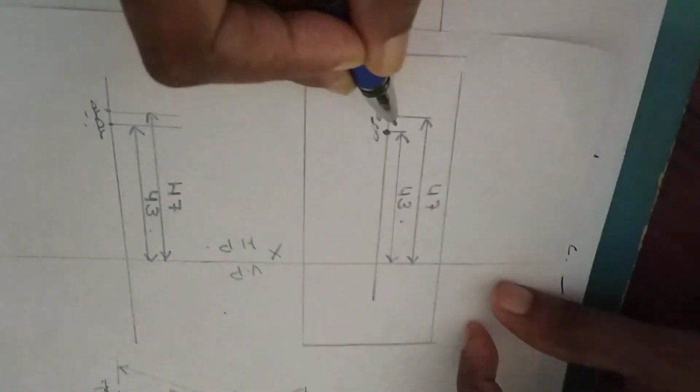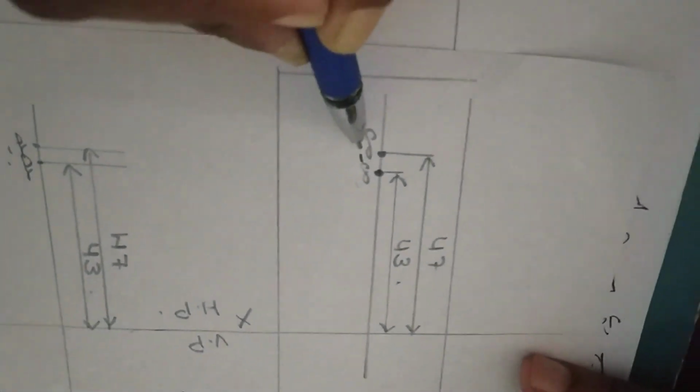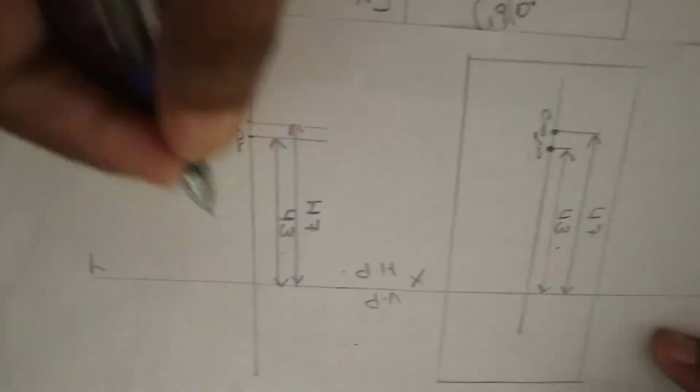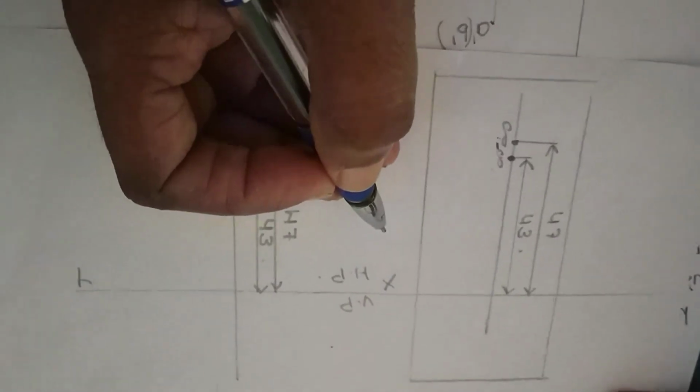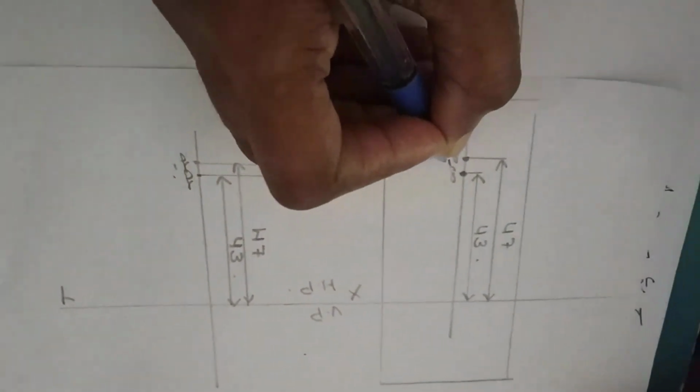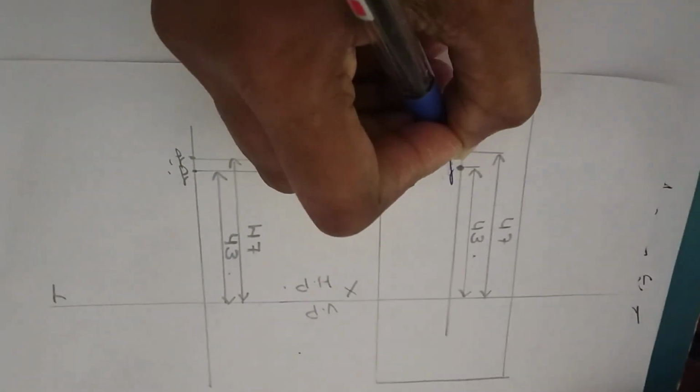Since the distances are 47 and 43, not much distance, this is my rotation, F dash and F. So the point is 47 millimeter below. This is my F dash and this is my F.